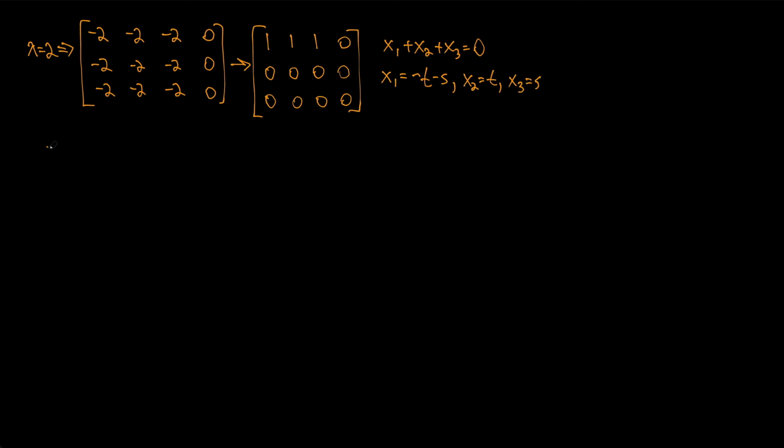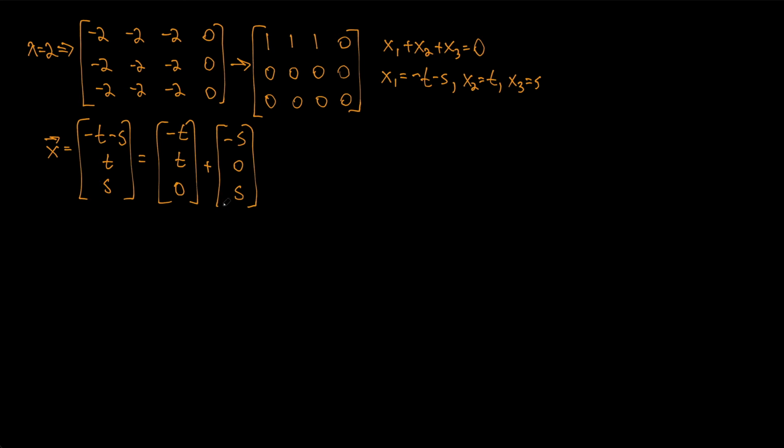So that means that my vector x is equal to minus t minus s, t, s, and I'll separate out the t's and the s's. So this is the same thing as minus t, t, 0 plus minus s, 0, s, and then I'll factor out the t's and the s's.